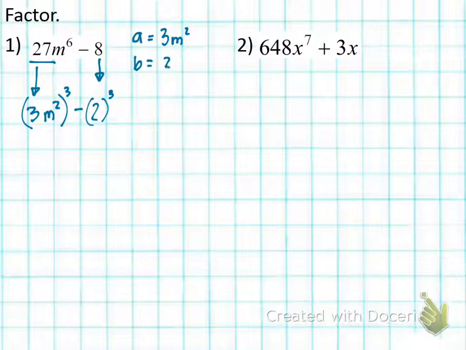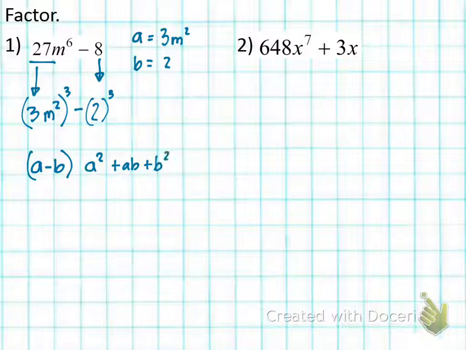So just like yesterday, once you identify a and b, you just follow the factored form. Since there's a minus sign in our original problem, we're going to take a minus b times the quantity of a squared plus ab plus b squared.